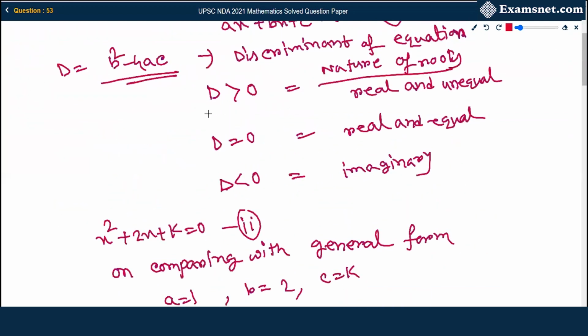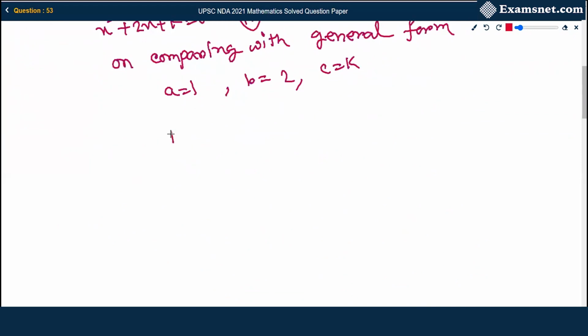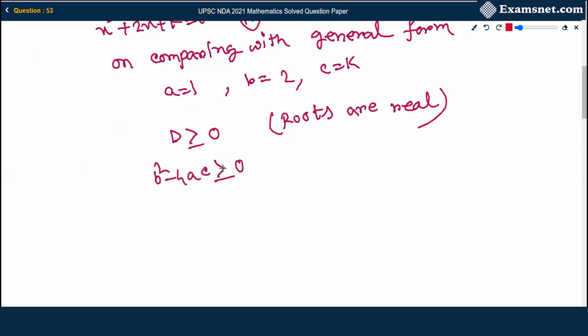Now it's already given that the roots of the equation are real. That means D greater than or equal to 0, because roots are real, right? So now let's put all those values in the discriminant. B square minus 4ac, so instead of a, b, c we get 2 square minus 4 times 1 times k greater than or equal to 0.